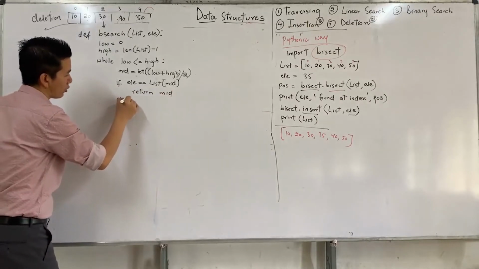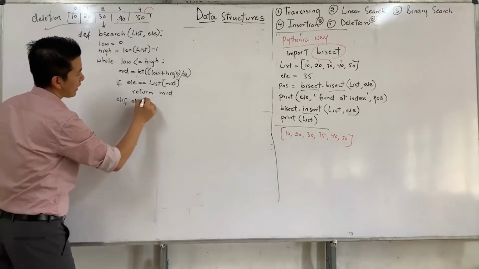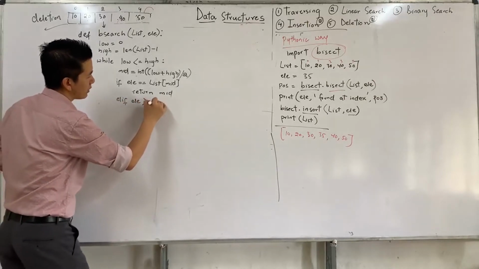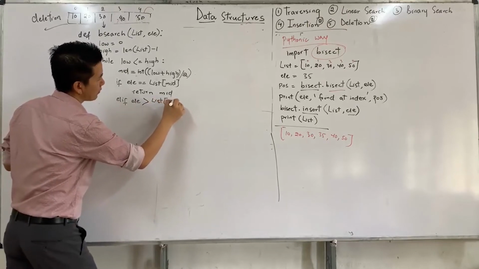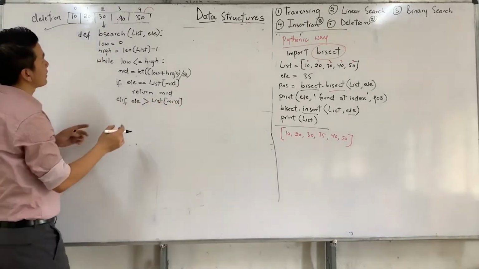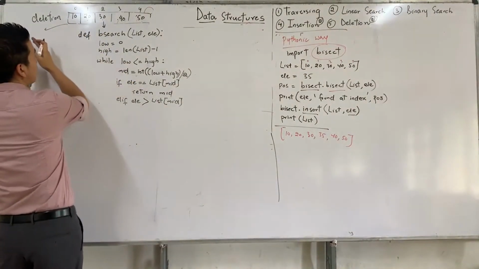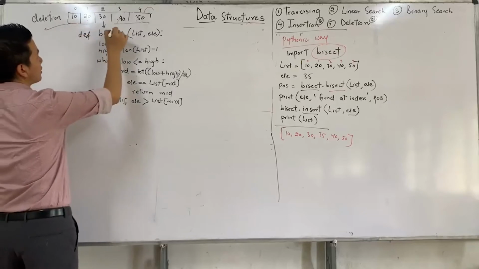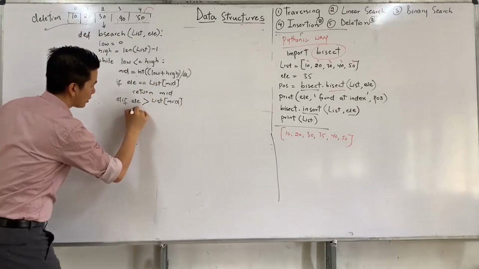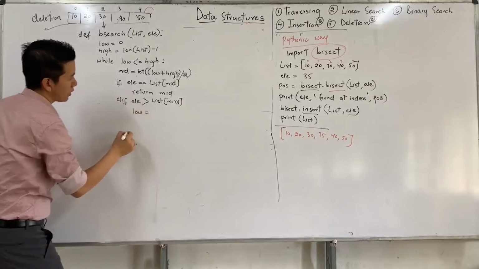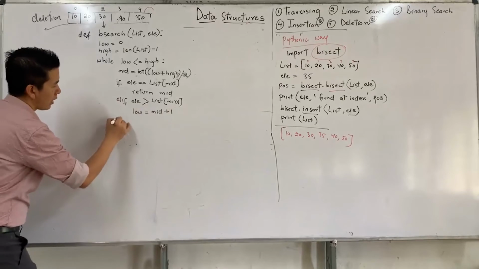Else if ele is greater than list of mid, then I need to narrow down the list, so low is equal to mid plus 1.